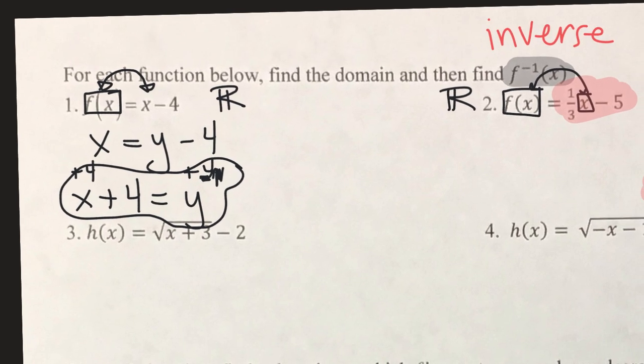Both of these are square roots. Okay? So if we have a square root function, the inverse of a square root function is half of a quadratic function. Okay? Only half of a quadratic. A normal quadratic would have a whole entire u. Right, a left side and a right side.